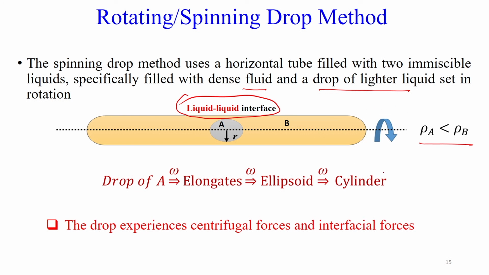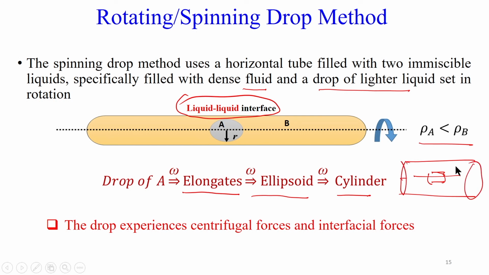Once we rotate it, the drop of A first forms a circle, then it reaches the center here because of the centrifugal force. Then if you continue rotating, it elongates, then it deforms to an ellipsoid, and finally it ends up as a big cylinder, and the small drop also forms a small cylindrical shape.